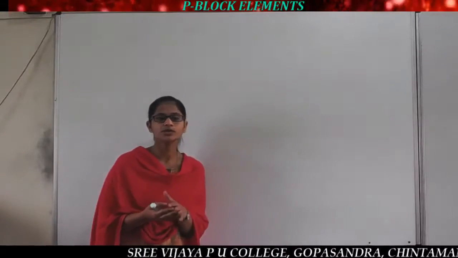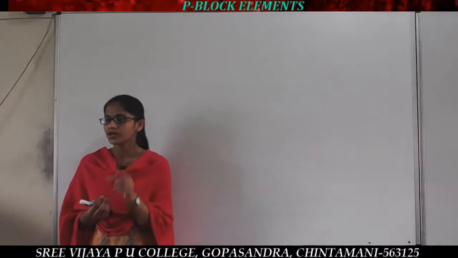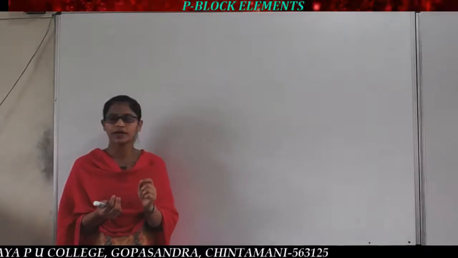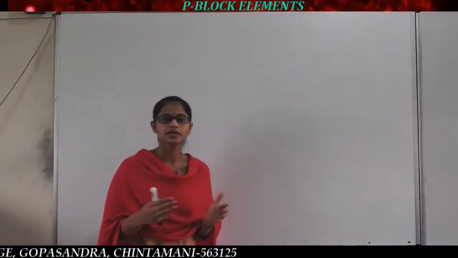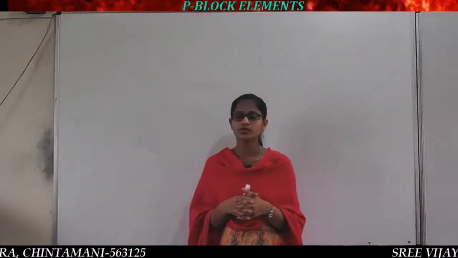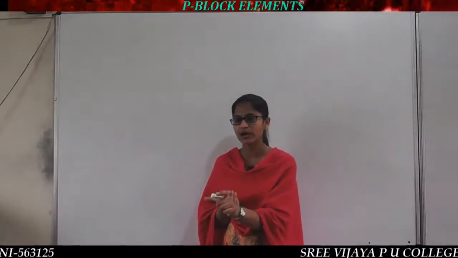What is meant by pnictogens? Usually nitrogen exhibits different properties in group 15. In any group, one particular element exhibits different properties. Taking that as the basis, we call the group elements by it. The first element in the family is nitrogen, so we call it the nitrogen family.